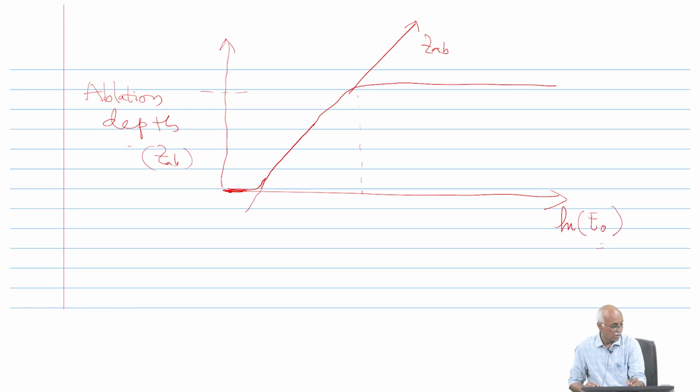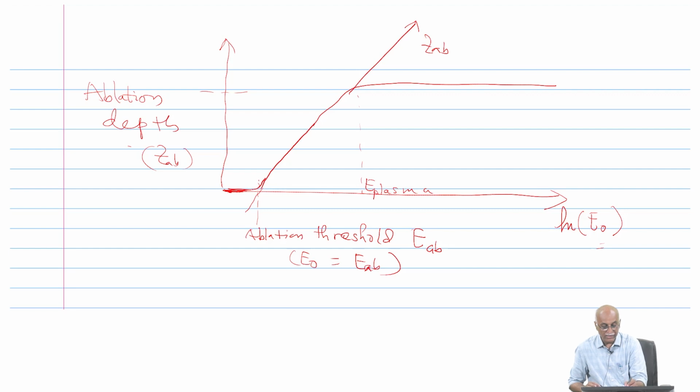This position is nothing but dense plasma formation, and this position is, let us say, the ablation threshold, E_AB. When E0 becomes E_AB, we see that there is an ablation starting point.